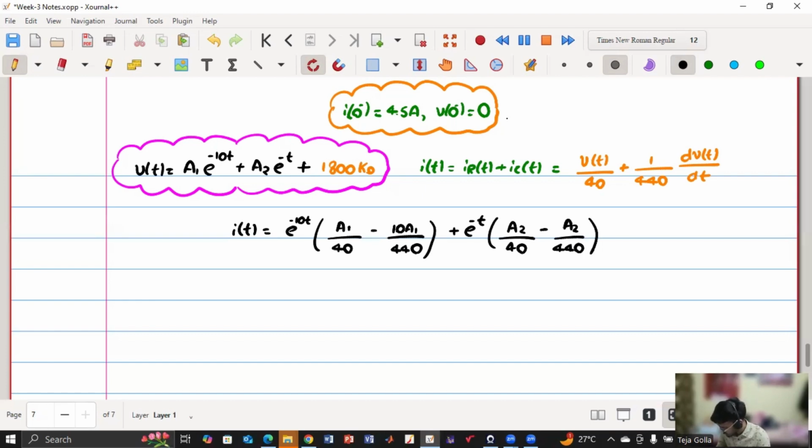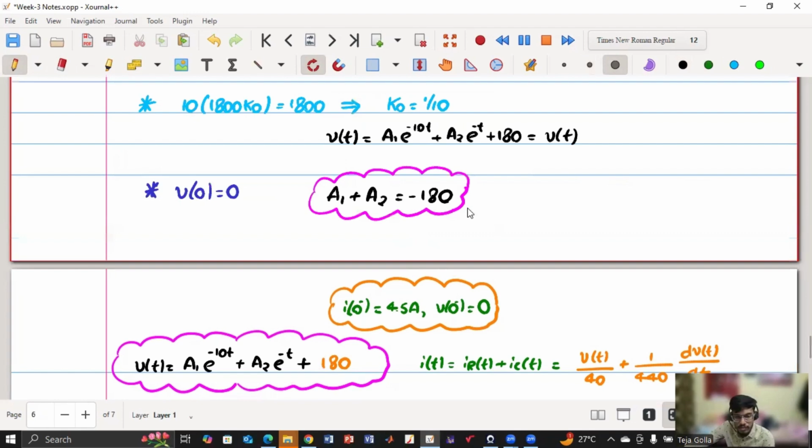And then we have this 1800 K naught, now it has become 180, by 40, because V of t by 40. Or maybe I'll directly write this 180 by 40. Clear? So this is the expression.